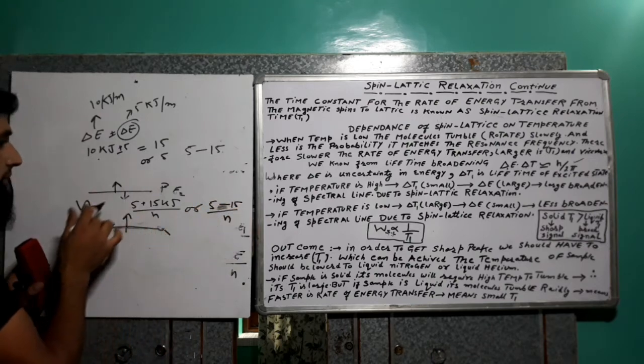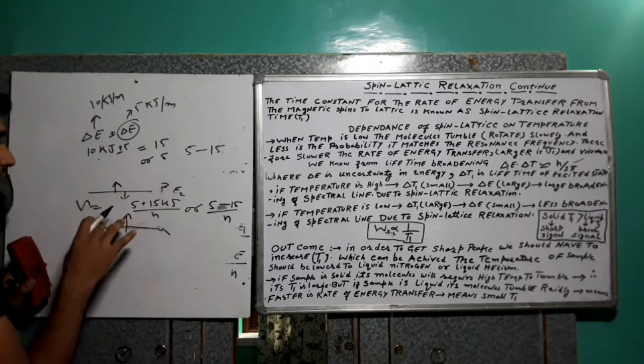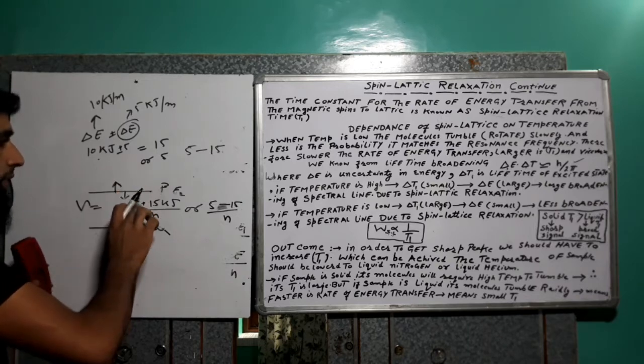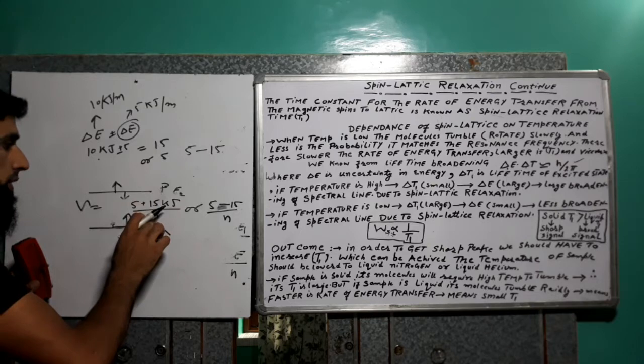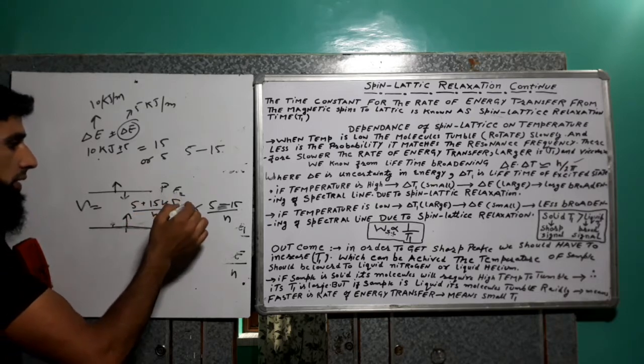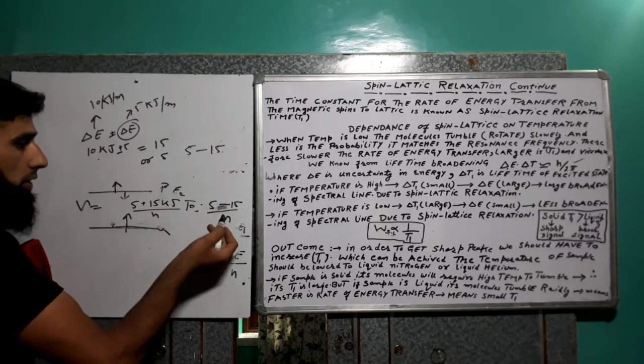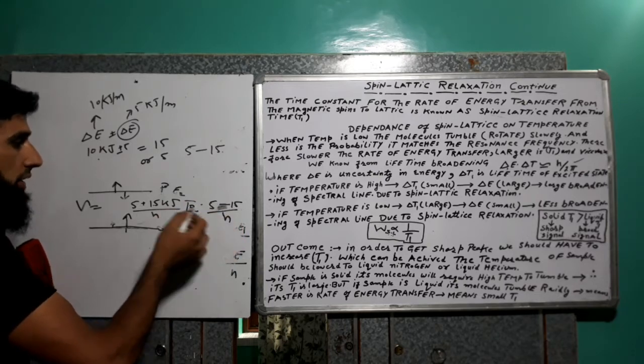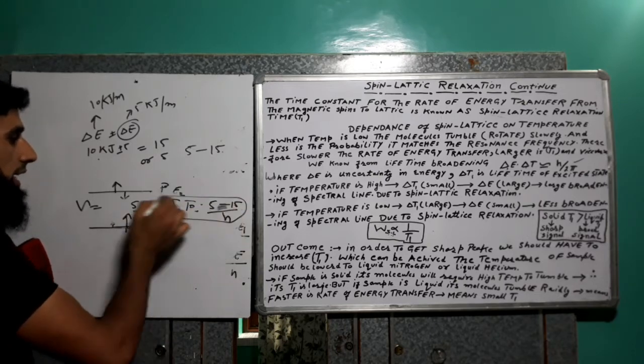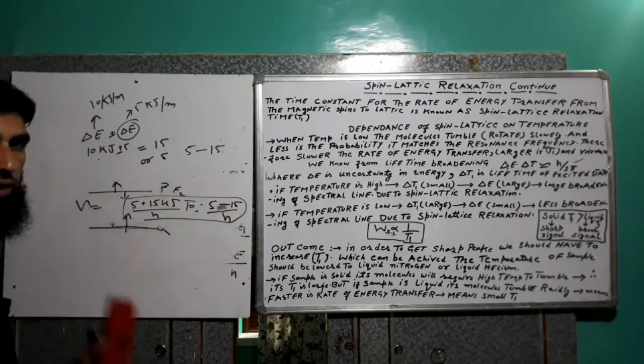That means when we shine the frequency, a range of frequencies from 5 plus 15 kilojoules divided by h to 5 minus 15 kilojoules divided by h can be absorbed.